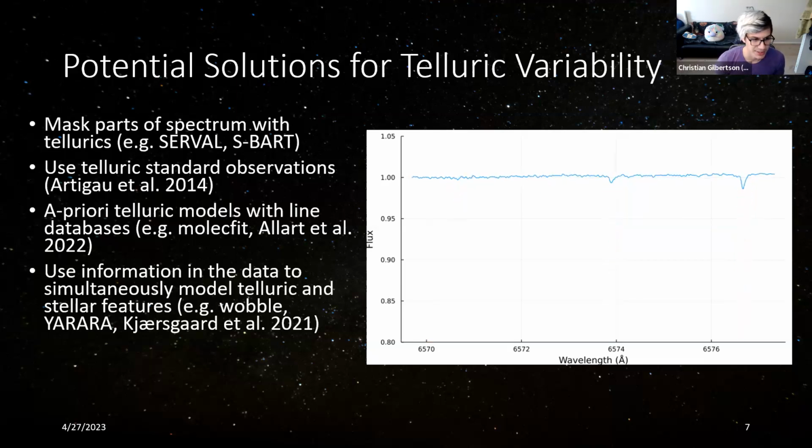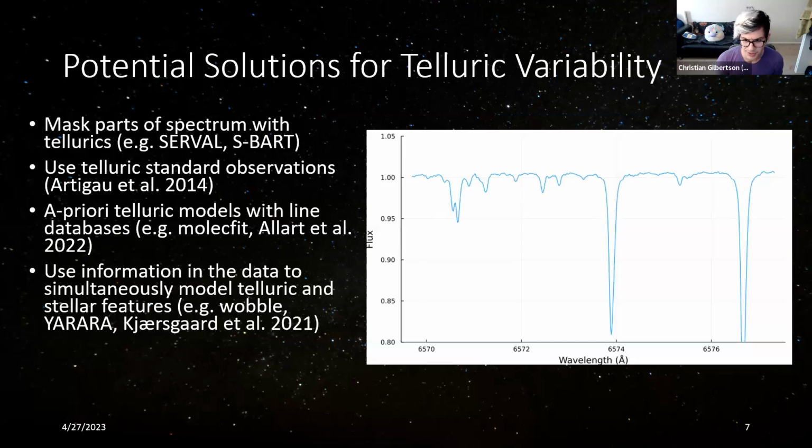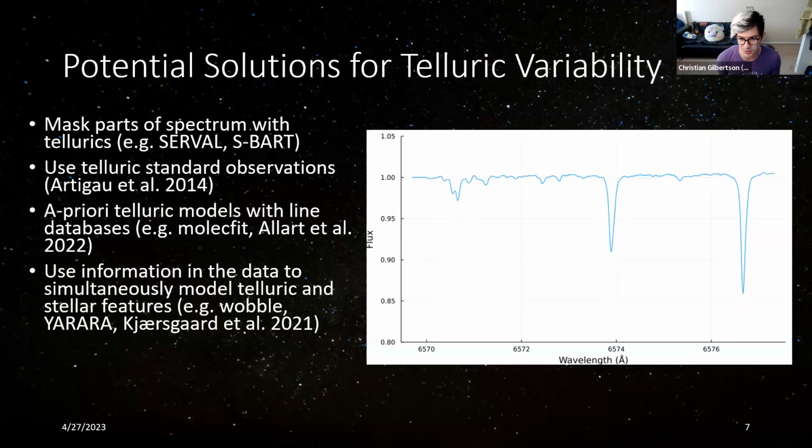There are a priori telluric models with line databases like Molecfit. But you can also use information in the data itself to simultaneously model telluric and stellar features, like Wobble or YARARA, or there was another paper that used deep learning and autoencoders to do this.